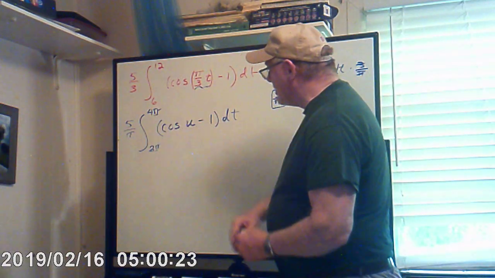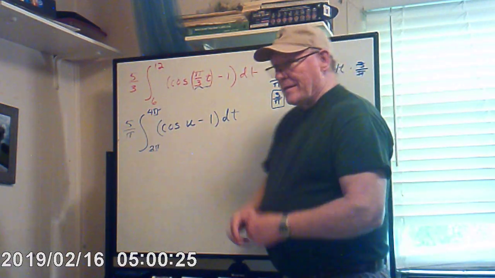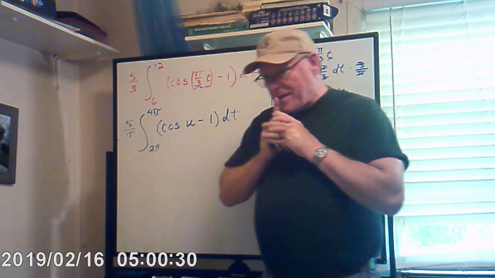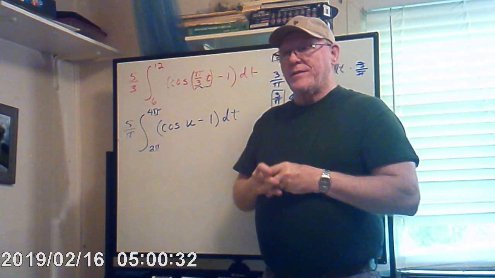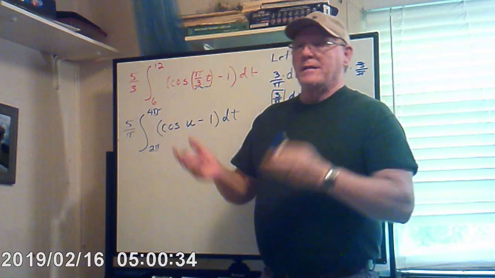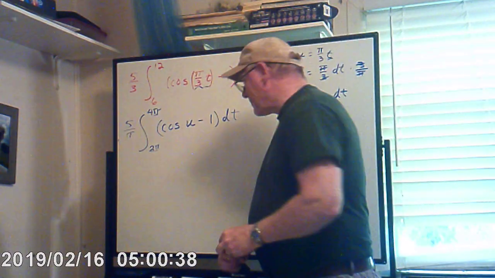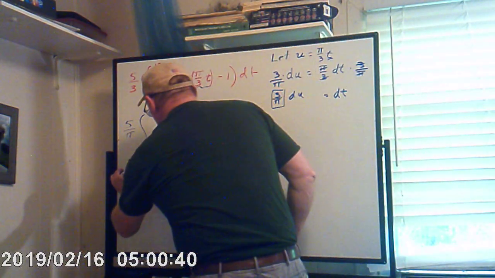Now I can integrate. Only thing is, with integrating cosine u, the derivative of cosine is negative sine, so the antiderivative of cosine is positive sine. So I do remember that. So 5 over pi.